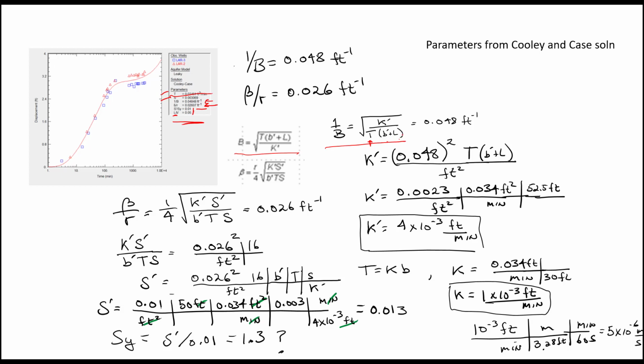And B prime plus L, I said earlier that from my conceptual model, I know that that's 52.5 feet. So that means I can solve this for K prime. That's the hydraulic conductivity of the saprolite. So I did that here, and just drew out some of the terms.